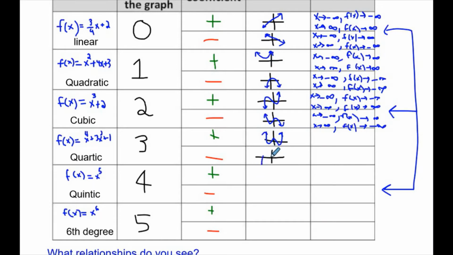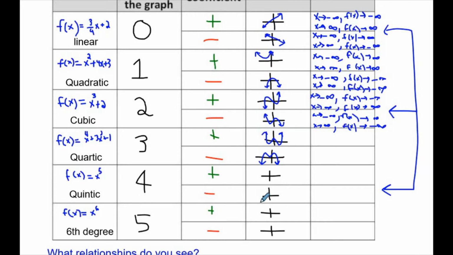So it's going to look like this, 1, 2, 3, still 3 turns, but now it has the end behavior that is similar to, big surprise, the quadratic. So even degrees will have the same end behavior for polynomials, and odd degrees as well. So let's just see if that holds true for the rest of it.